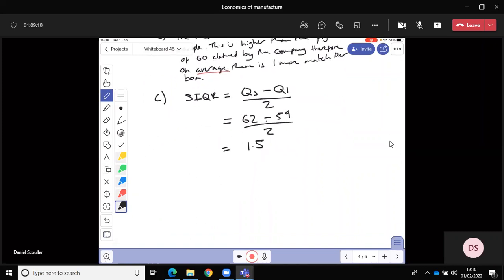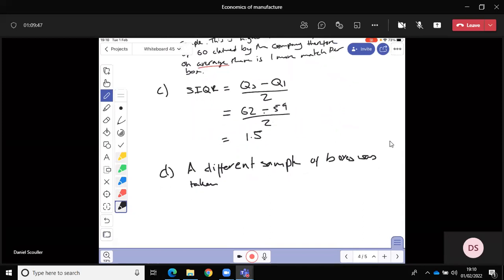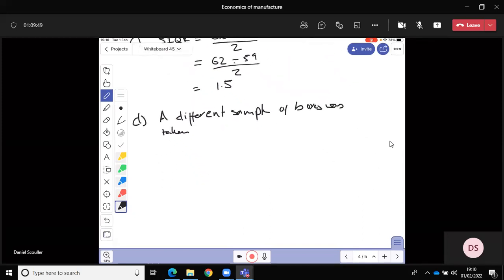So the last part of this question is part D. Part D asks about a different sample of all boxes that was taken, and they gave this in a box plot.